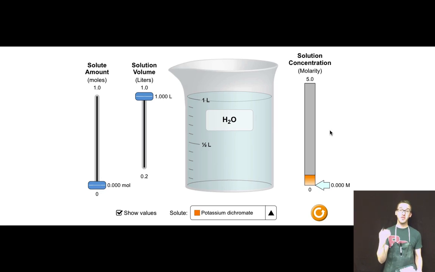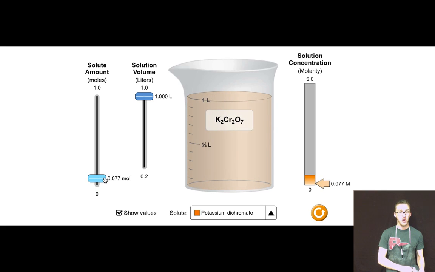Now, here's another way to look at that at sort of the macroscopic level. This time, I'm using potassium dichromate, and I start with just pure water. As I add my solute to the water, notice that at the macroscopic level, I can tell that this solution is not yet saturated, because I don't see any solid forming. I add more.